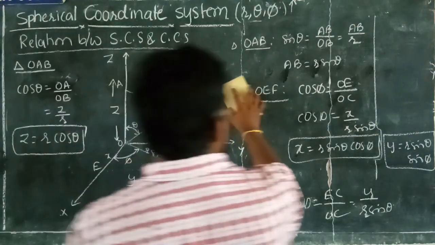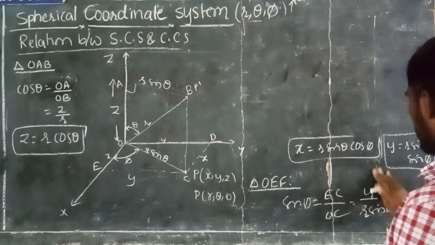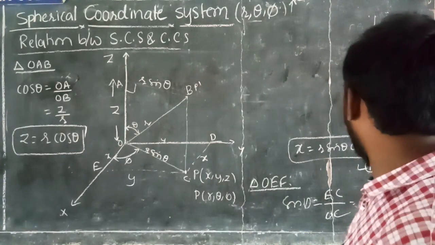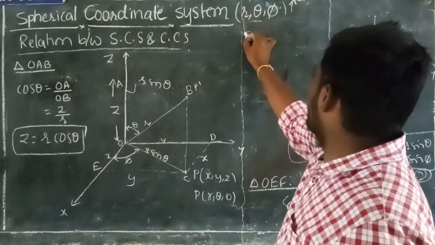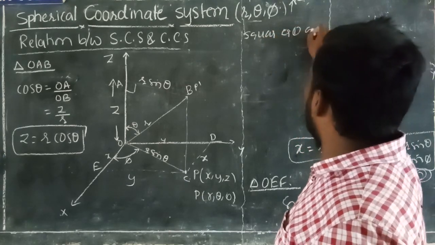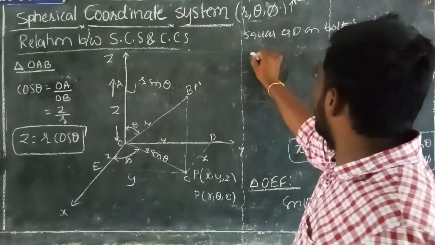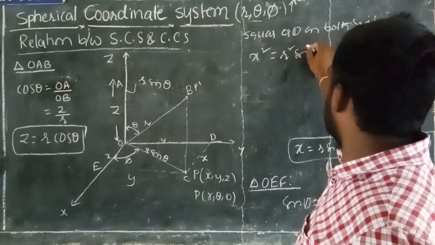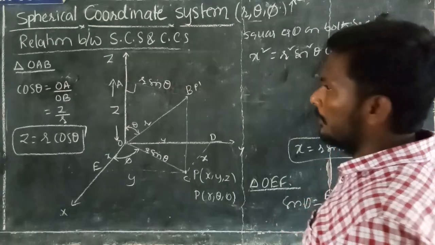Next, consider this equation 1 and this equation 2. Squaring and adding. Squaring equation 1 on both sides, we get x square equals r square sin square theta cos square phi.